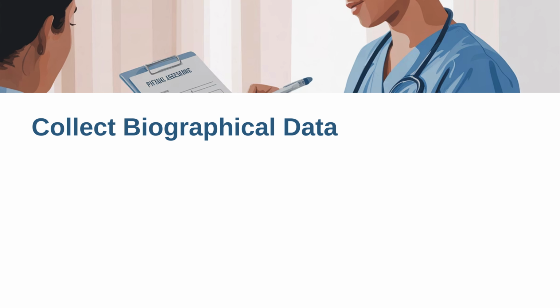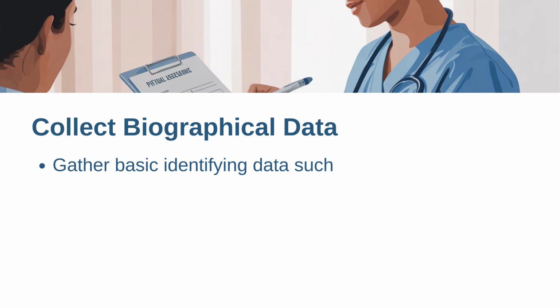It is in the working phase that you collect biographical data. Collecting biographical data establishes the foundation of the health history. Gather basic identifying data such as name, age, gender, and occupation.